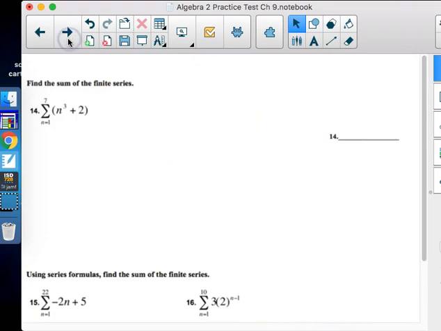14. Find the sum of the finite series. We've got lots of formulas. Does this look like it's arithmetic? Does that look like y equals mx plus b? Uh-oh. Nope, it's got a cube there. Does it look like some number times some number to a power?